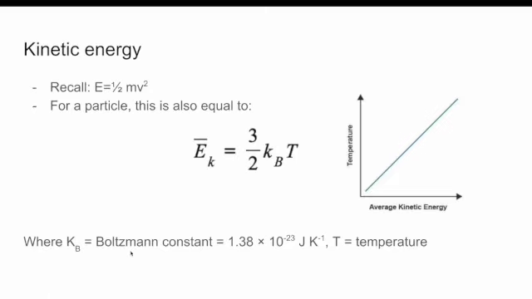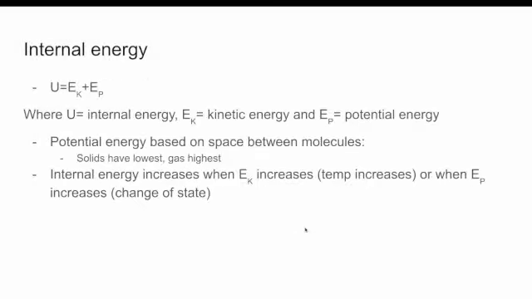So kB is the Boltzmann constant, which is roughly 1.38 times 10 to the negative 23, and it's measured in joules per Kelvin. Temperature is measured in Kelvin, and this is just measured in joules, because joules per Kelvin times Kelvin is joules.